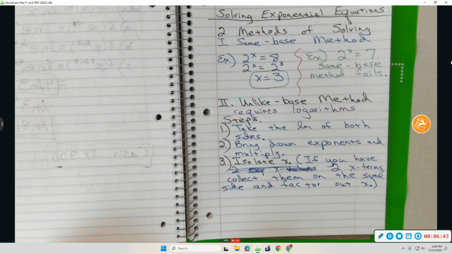Get them all isolated on the same side, and then every term on that side has an x, factor out the x.